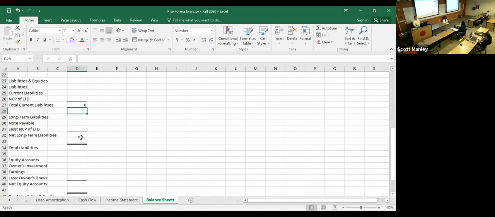Our long-term liabilities, if I'm getting the net, wouldn't that equal my note payable minus my net current portion? And then my total liabilities simply equal my current plus my long-term.